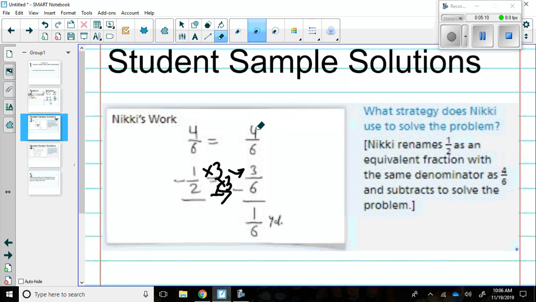Then she took the numerator 4 minus the numerator 3 to get 1, and then left both denominators the same to get 1/6 yard.